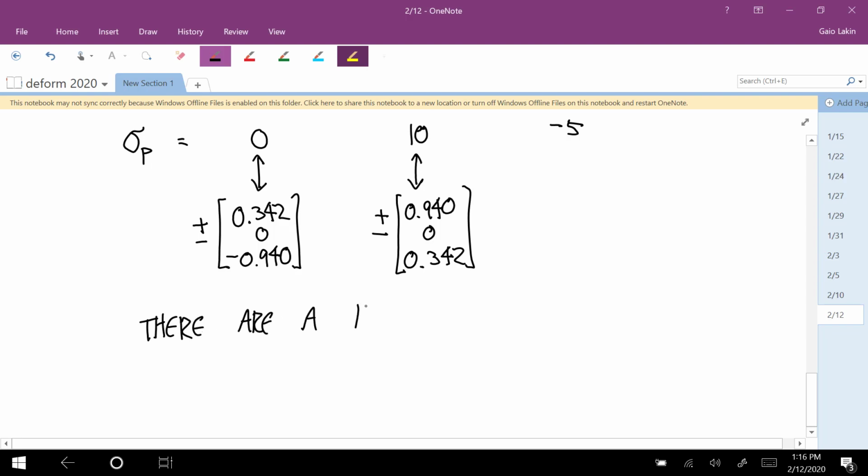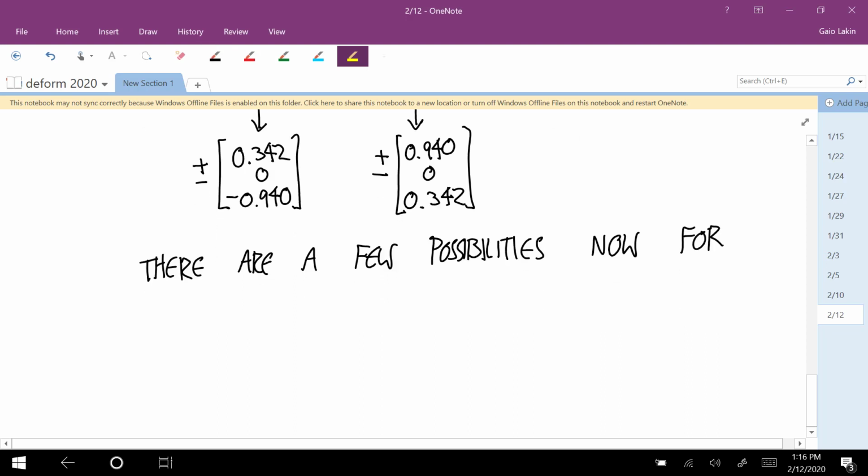There are a few possibilities now for the principal stress tensor and the coordinate system that principal stress tensor is in. You know, the principal coordinate system.